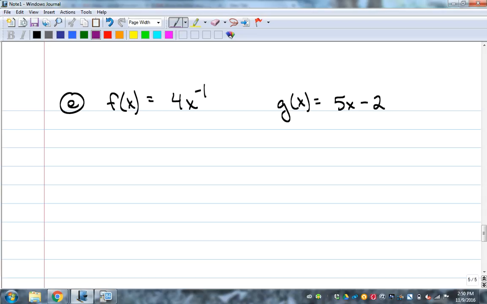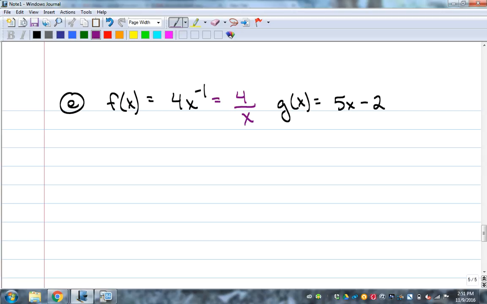There's a negative exponent. What can I do to make it not negative? 4 over x. Yeah, so this is really 4 over x. That's what that function says. It's just written with exponents instead of not exponents.